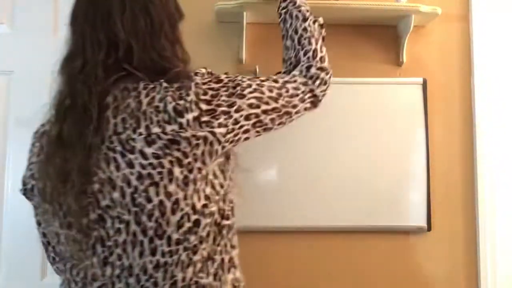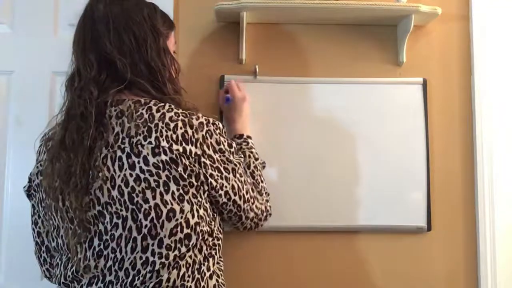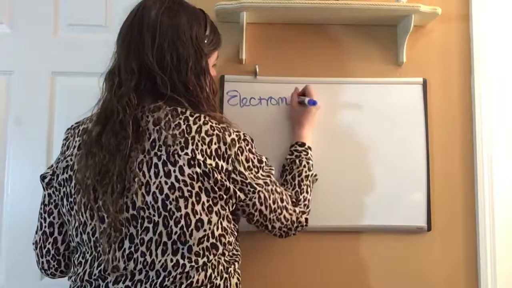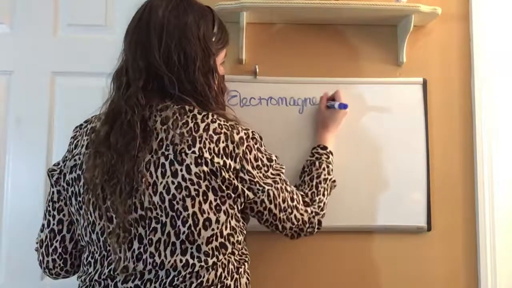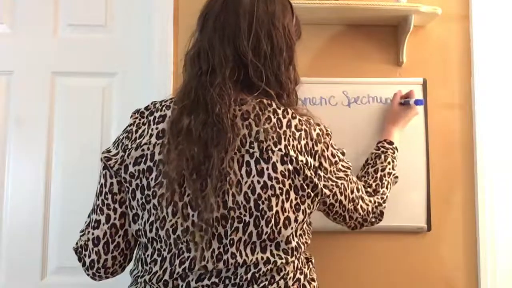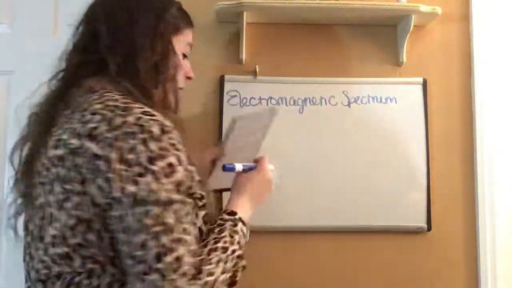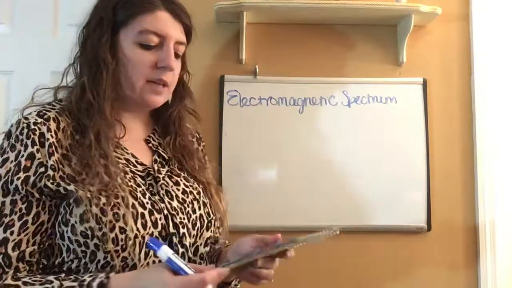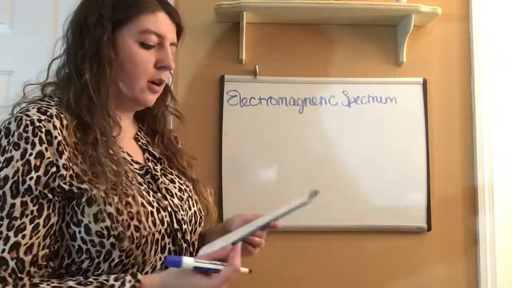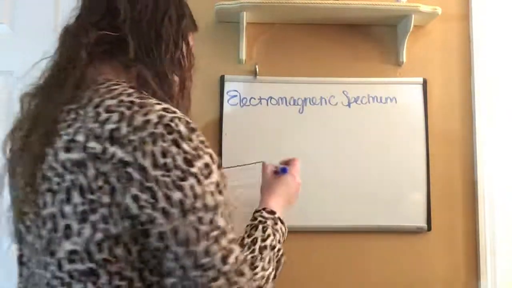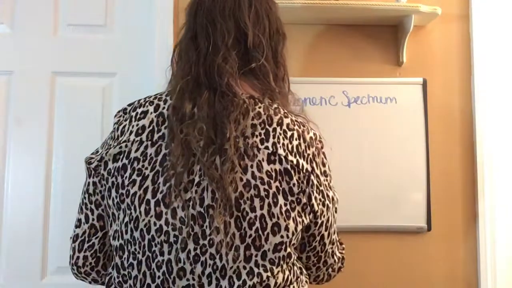So, the electromagnetic spectrum includes a continuous range of radiant energy that includes gamma rays, X-rays, ultraviolet radiation, visible light, infrared radiation, and radio waves. So it occurs as such.